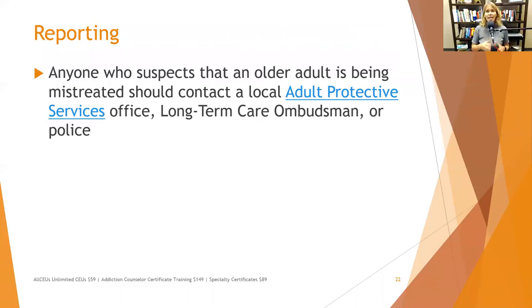So medication prescribing for people over the age of 65 is different, and if they're not going to a specialized physician, they may experience negative side effects, including coma. So it's really important that if we see the elder starting to decompensate, that we look at any medications they're on and make sure that they're not on anything that could potentially be a problem. And if we think there is, then we need to refer them to a primary care and get some sort of input on that.